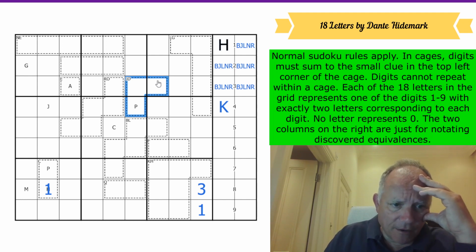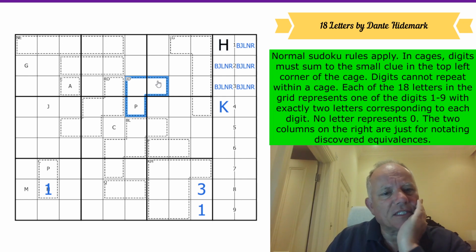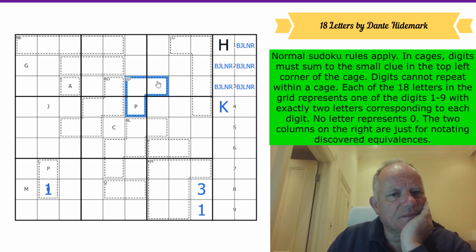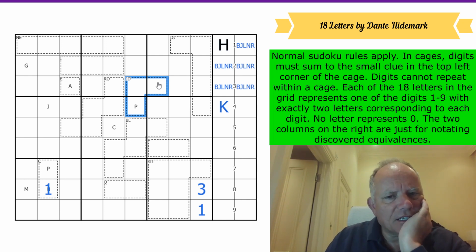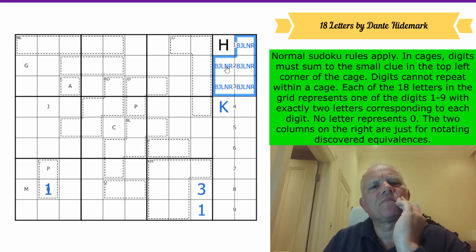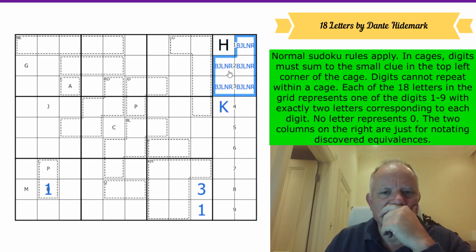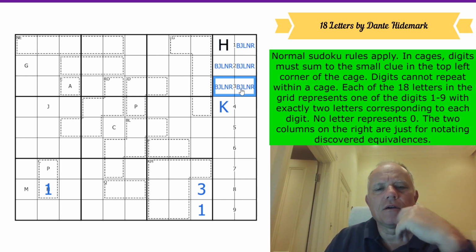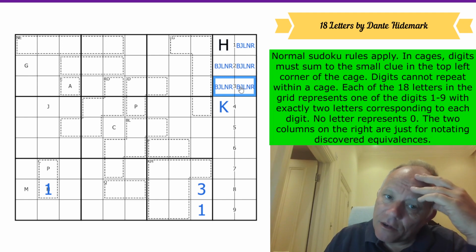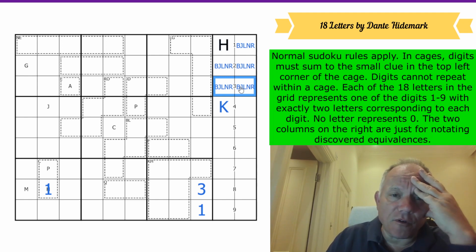Okay, so what do we know? I think we still have to keep focusing on these tens digits. But the trouble is, they're all potentially, it could be any of these numbers. Two of them are 3s, so two of these 5-cell cages are 31, 2, 3, not 33, 31, 2, 4, or 5.